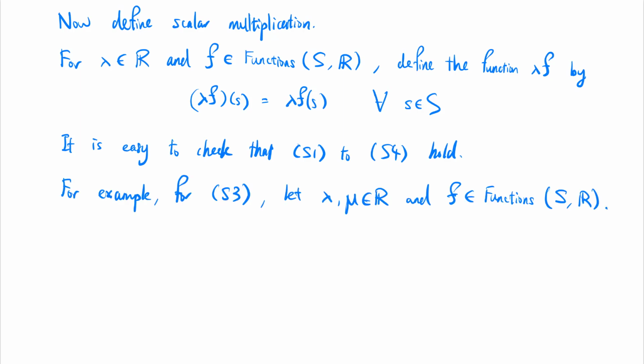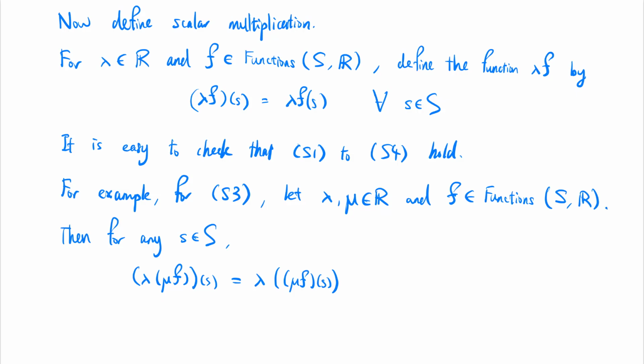For example, for S3, let lambda and mu be real numbers, and f be a function from S to the reals. Then, for any s in S, (lambda times (mu times f))(s) equals lambda times ((mu times f)(s)) using the definition. By the definition again, this equals lambda times (mu times f(s)).